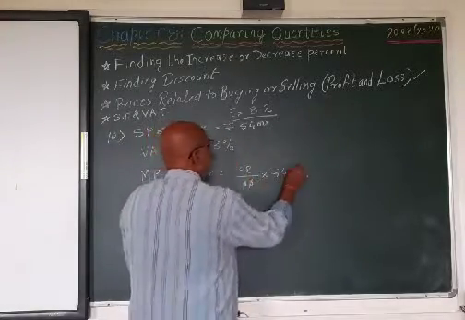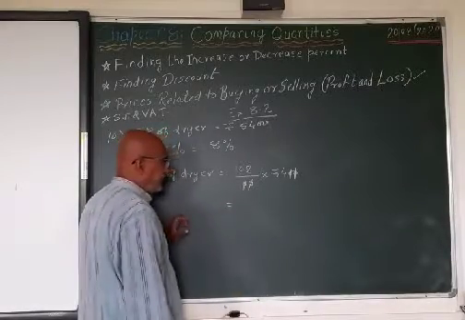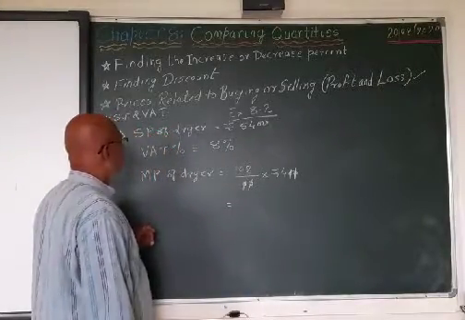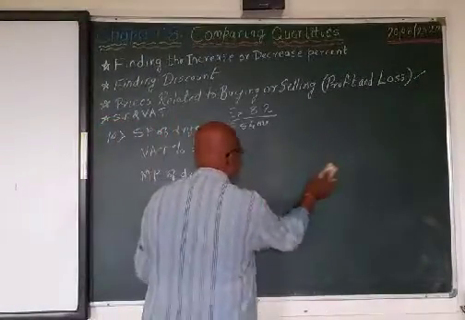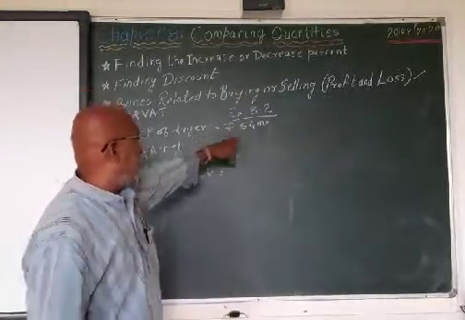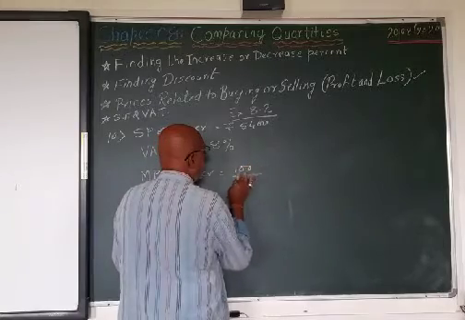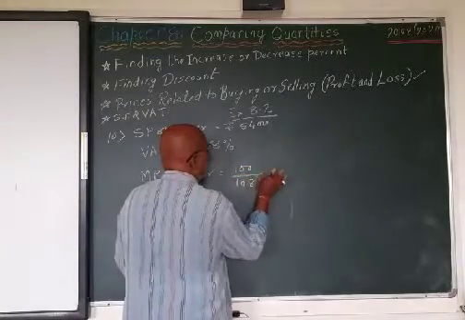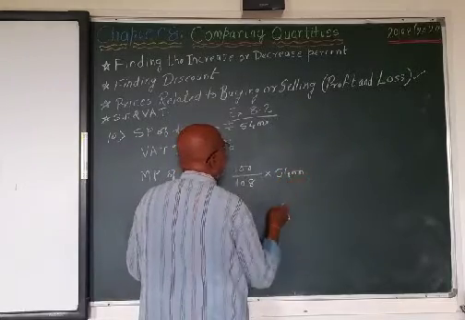These two zeros will get cancelled. What we get? Sorry, my mistake. This price is more than 8%, so it should be 100 upon 108 into 5,400.